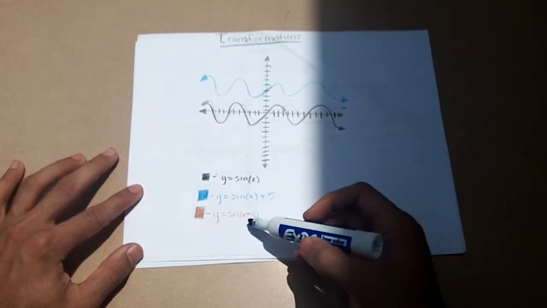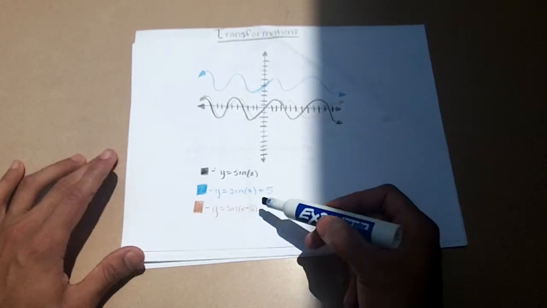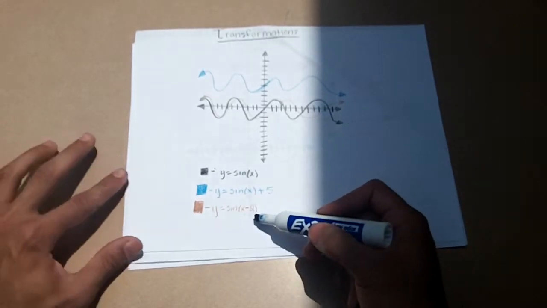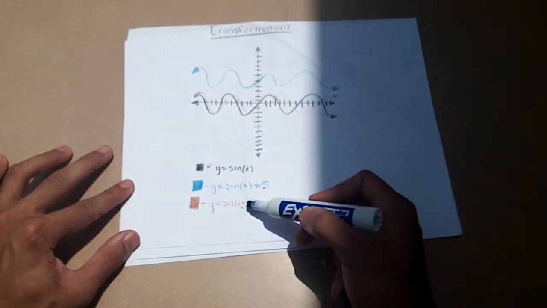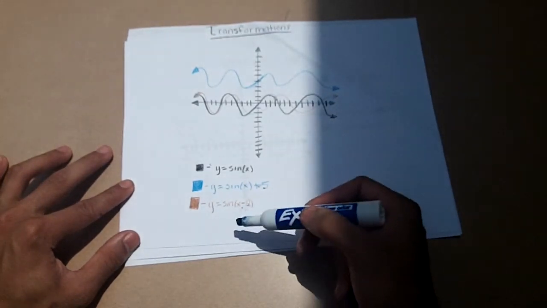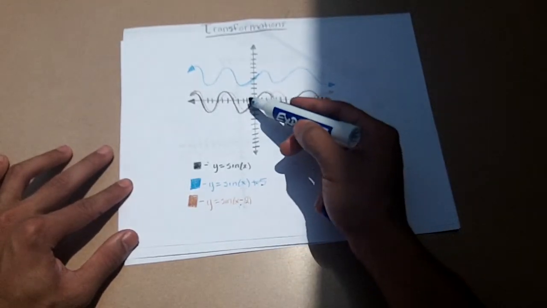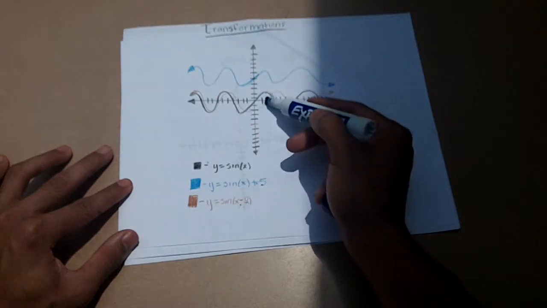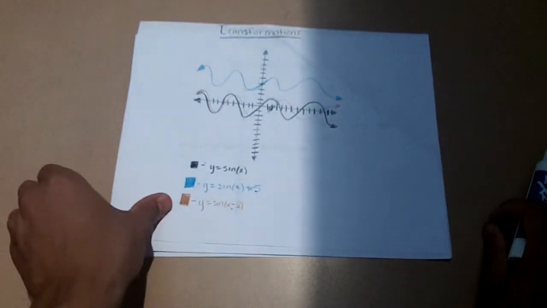And then the red one, it's inside the parentheses, which means move left or right. If you have it outside, it moves up and down. So as you see, this one is -2. So that's going to move right 2, because it's the opposite when it's inside the parentheses. So you go over 1, 2, and that's where it crosses the x-axis, as you can see.